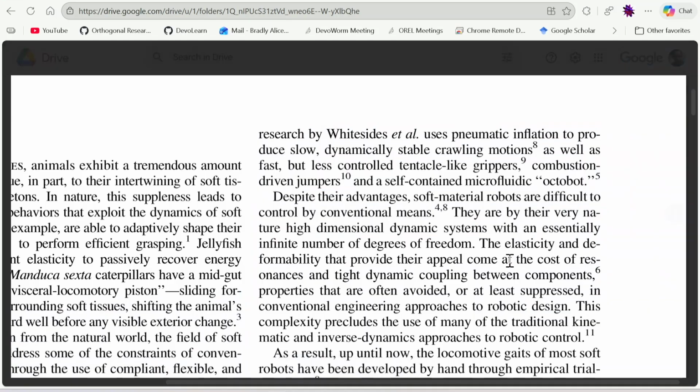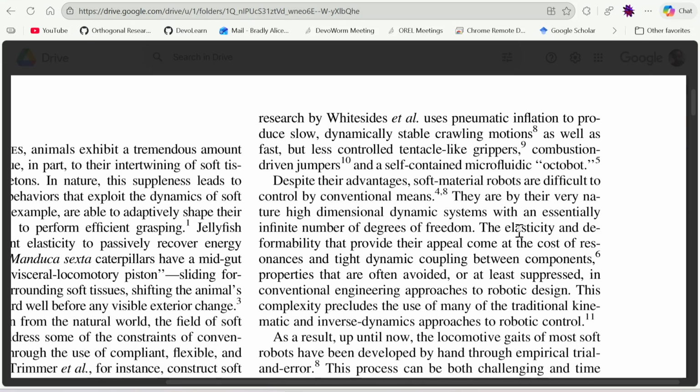Similarly, research by Whitesides et al. used pneumatic inflation to produce slow, dynamically stable crawling motions as well as fast but less controlled tentacle-like grippers, combustion-driven jumpers, and self-contained microfluidic octobots. Despite their advantages, soft material robots are difficult to control by conventional means.